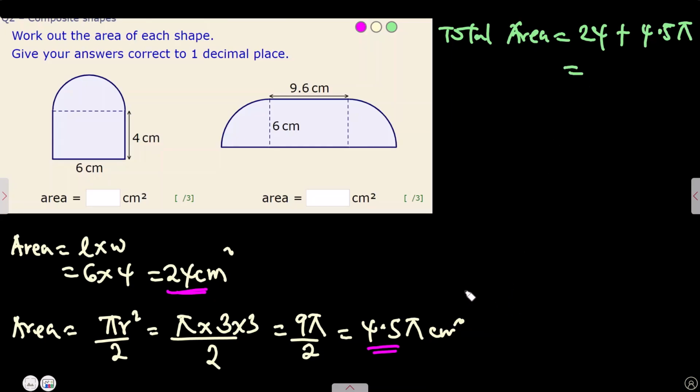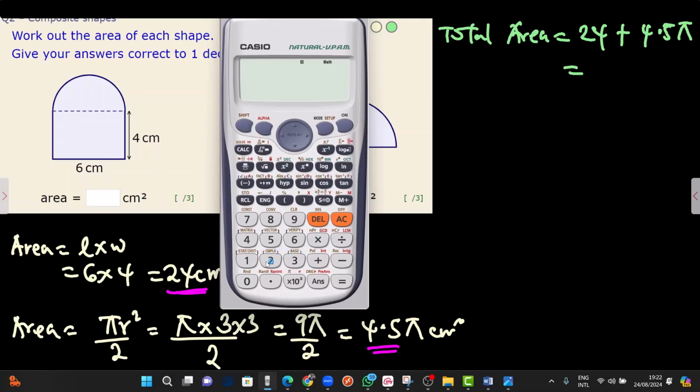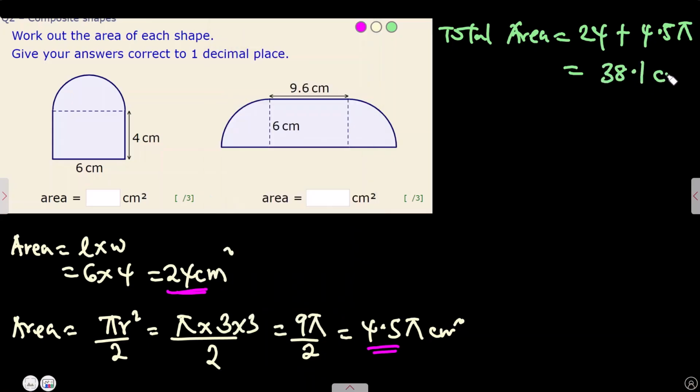And of course, if you do that, your answer will be 38.13, but to one decimal place, it will be 38.1. So the answer here will be 38.1 centimeters squared, and that's going to be the total area for this whole shape. And of course, you can put your answer here, 38.1. All right, so that's the answer.